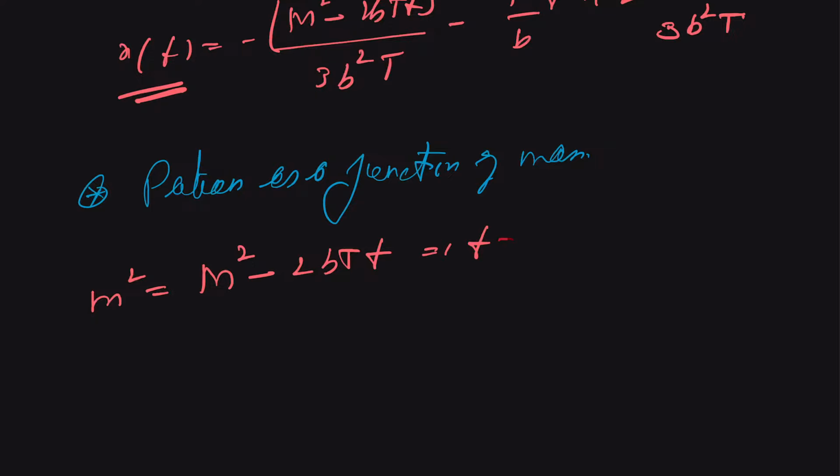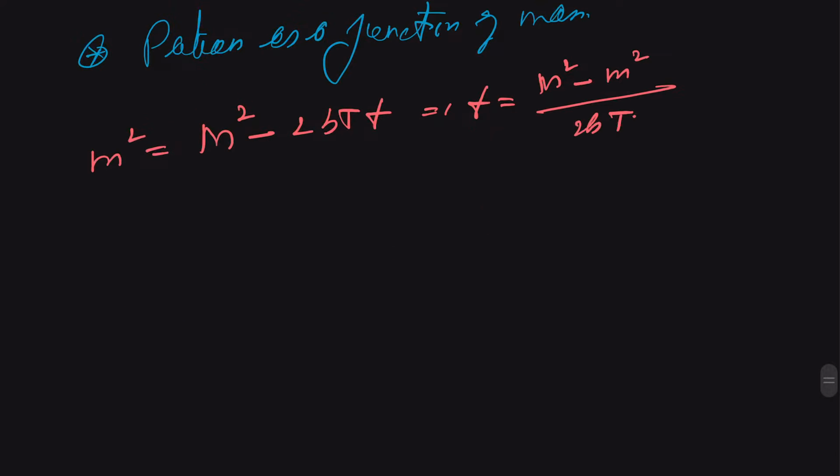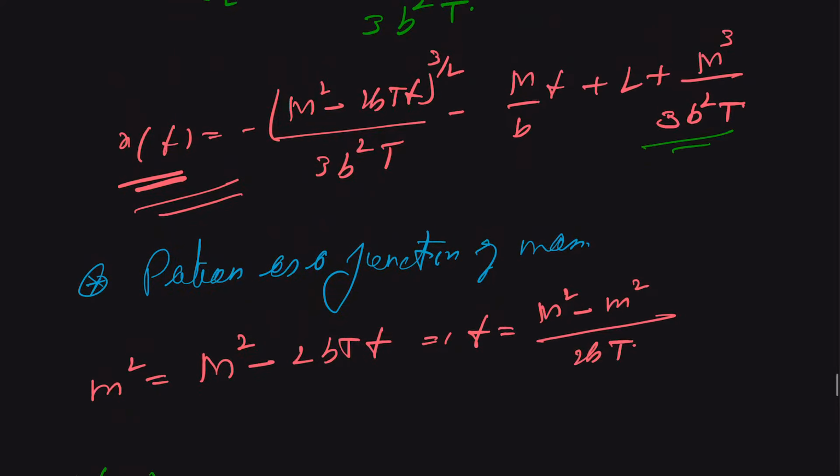From here we can say that our t is equal to capital M square minus small m square divided by 2b, and we can put it in the time dependent equation because everything will be in mass now. So we get this as our x of m, this will be the same, so we can keep it as it is, and then we have to solve this part.